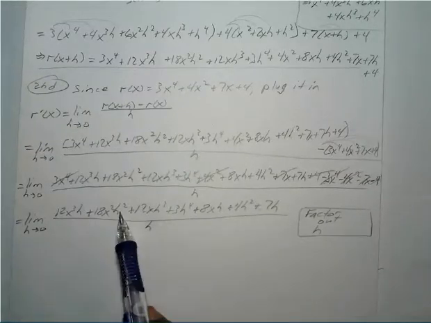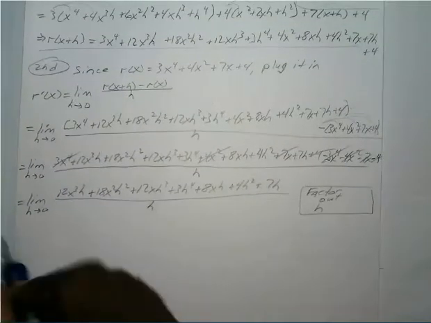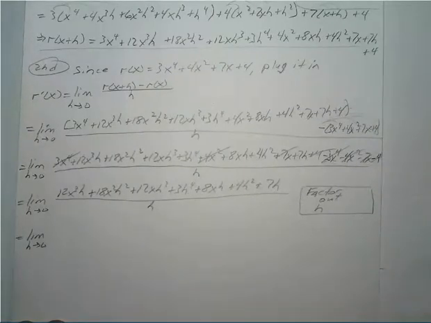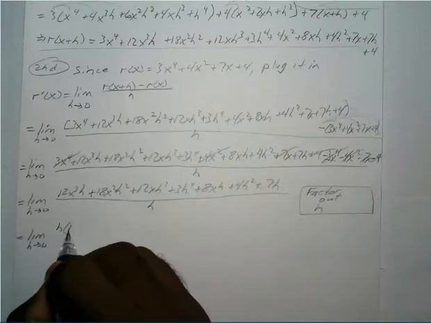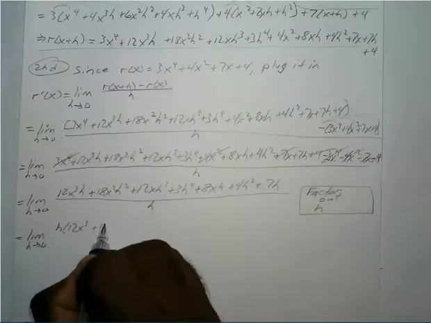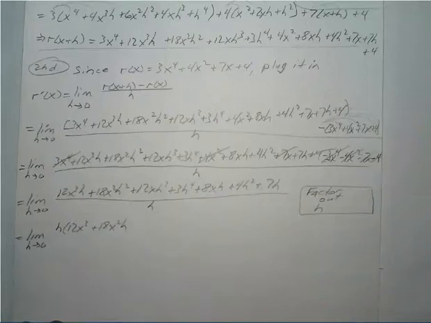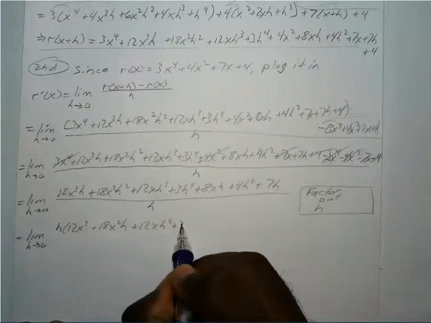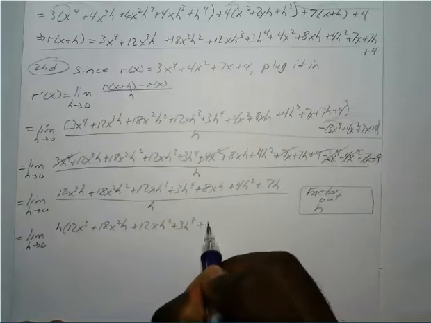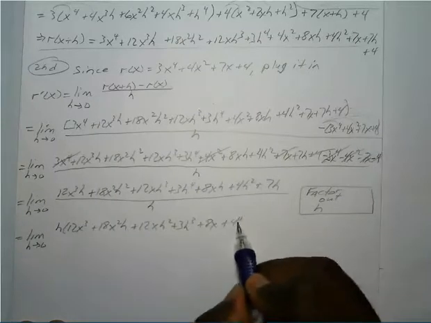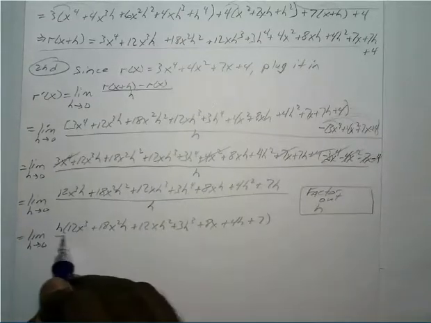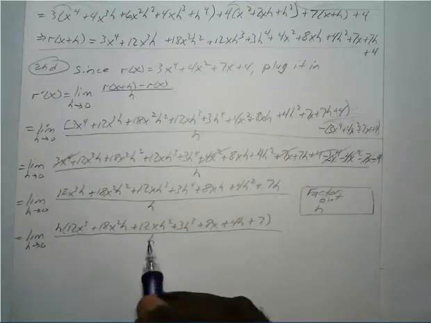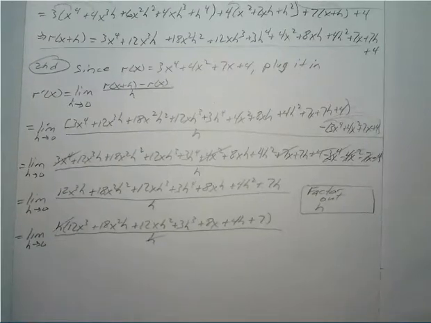So if we factor an h out of each of those terms, that's the limit as h approaches 0, h times 12x to the 3rd plus 18x squared h plus 12x h squared plus 3h to the 3rd plus 8x plus 4h plus 7, all over h, where these two h's will cancel out.